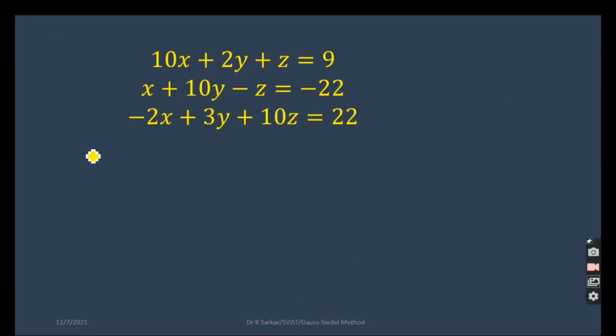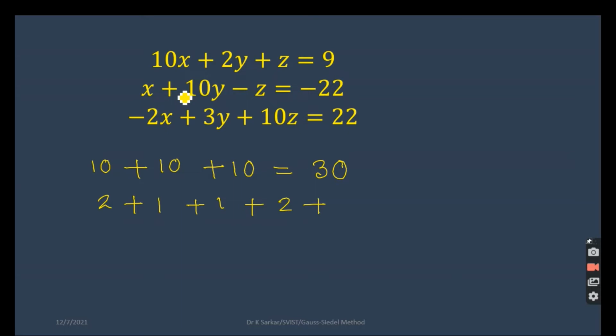Let us check the diagonally dominant property for this given system of linear equations. So here 10 plus 10 plus 10, all the diagonal terms, that is 30, the summation of all the diagonal terms. And the rest of the coefficient terms are 2 plus 1 plus 1, absolute values, so you have to take the magnitude only, leaving the sign, plus 2 plus here 1 plus 3.